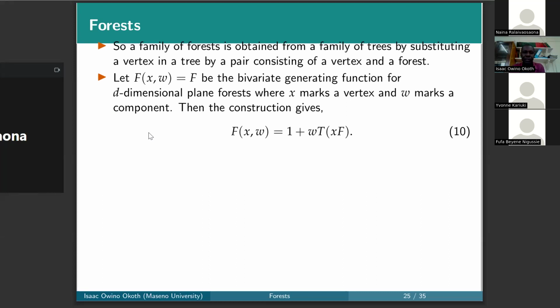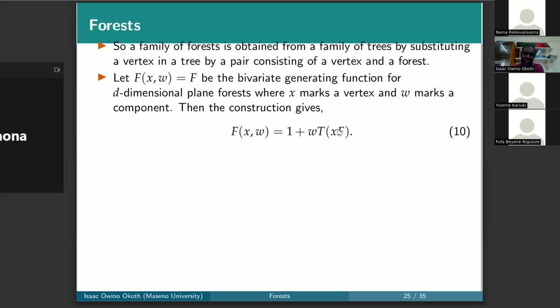So if F of x and w is the bivariate generating function for d-dimensional plane forests, where x marks a vertex and w marks a component, then by the construction, we have that F can be expressed as either empty, that is 1, or w marking the component, so it's w times T of xF.